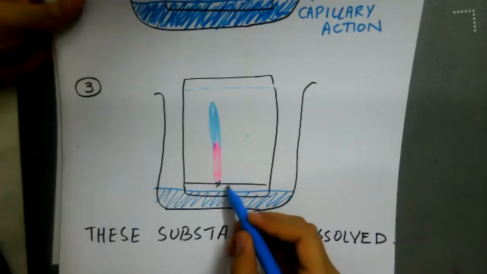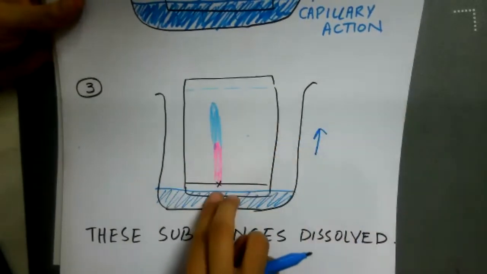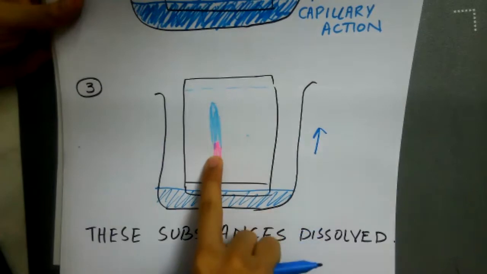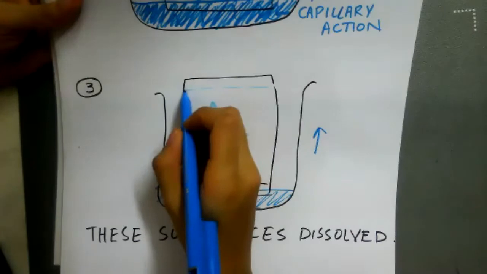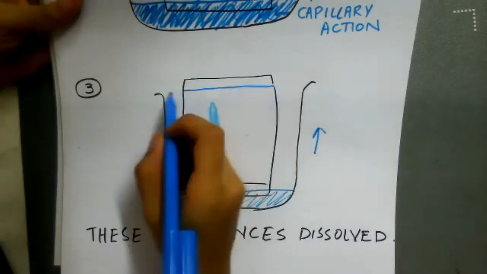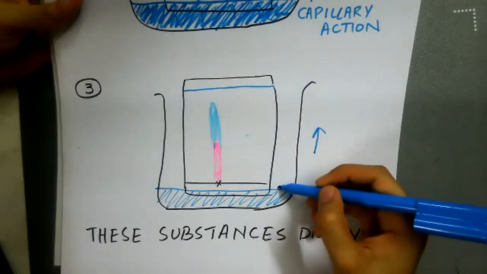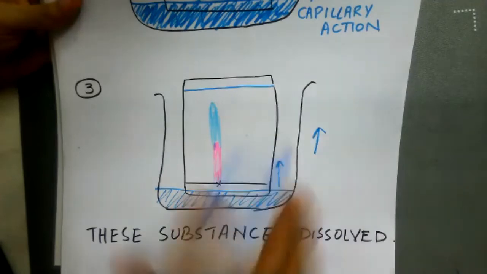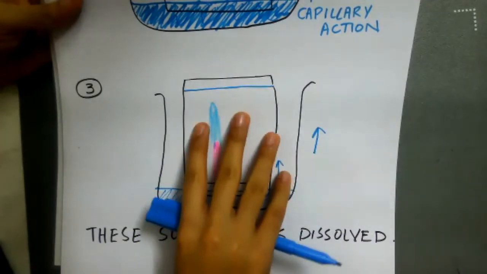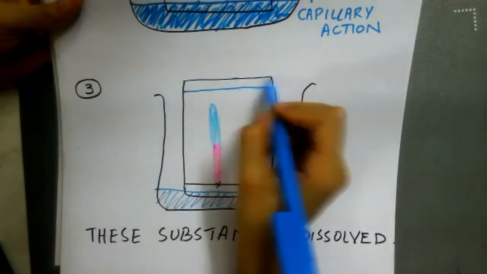As water is moving upwards, the ink gets dissolved, and it also moves upwards with it. Over here is the front line. The front line is where the water moves upwards in a uniform way and reaches about the end of the paper.